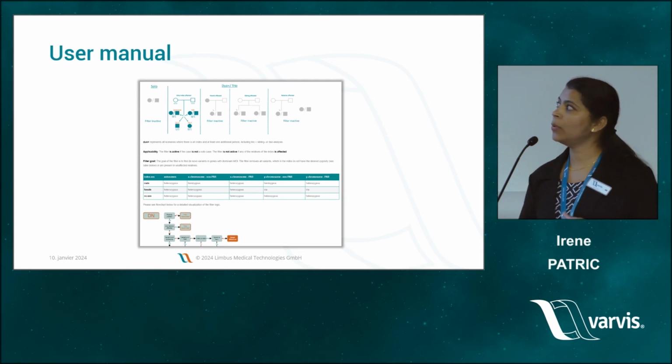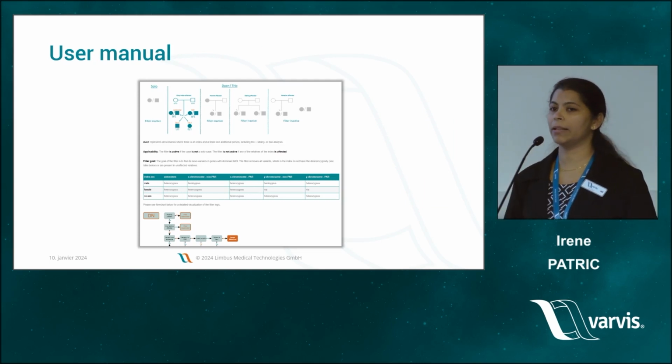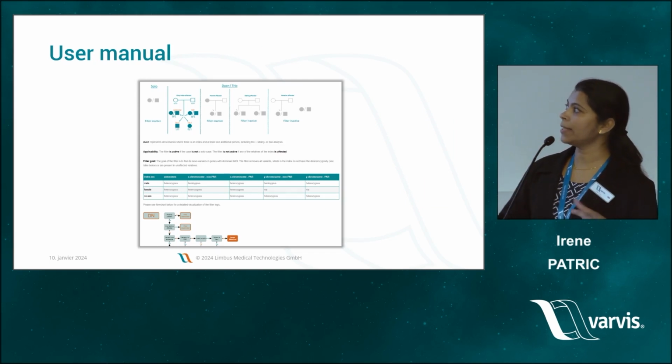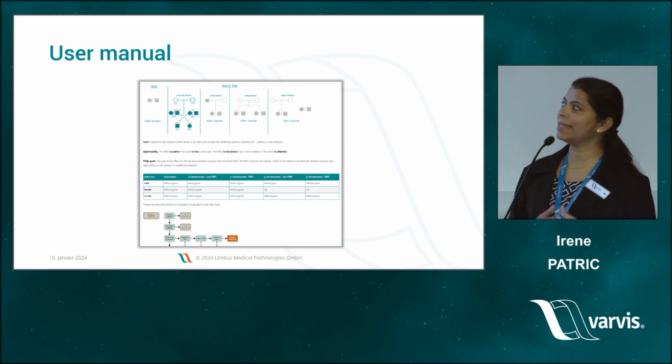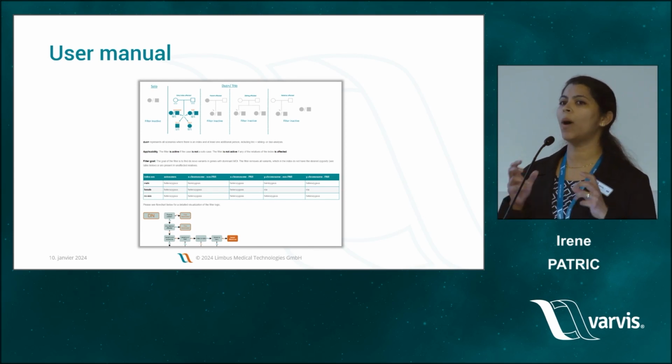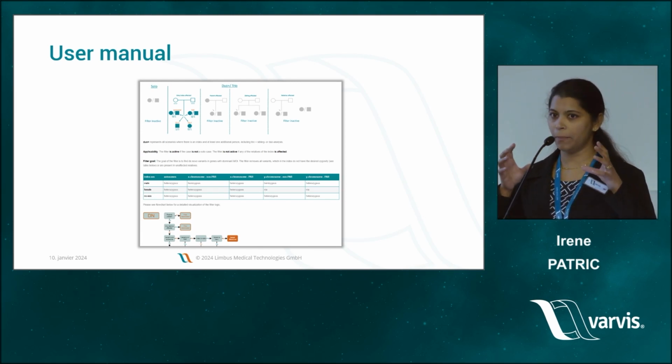Our user manual is quite open to our users and very transparent. So the users are able to go into the manual and see how these are designed. They see the workflow, the flow charts. So you understand why a certain variant is visible or not visible.